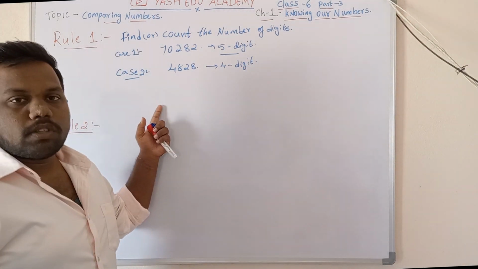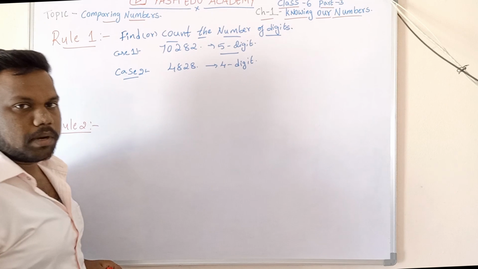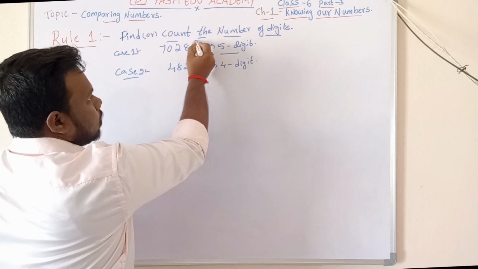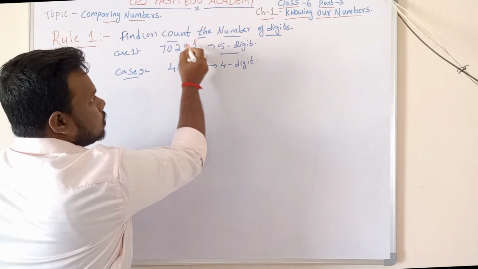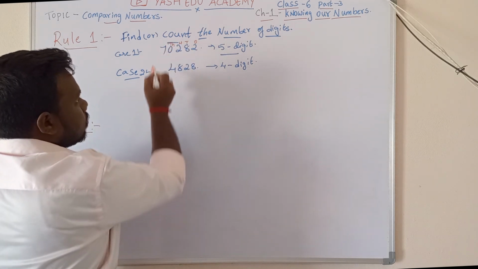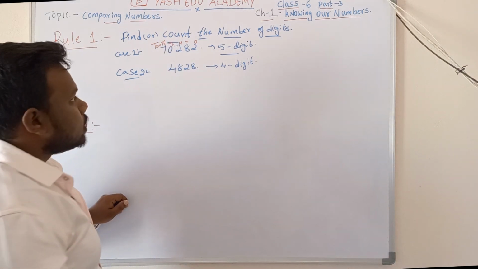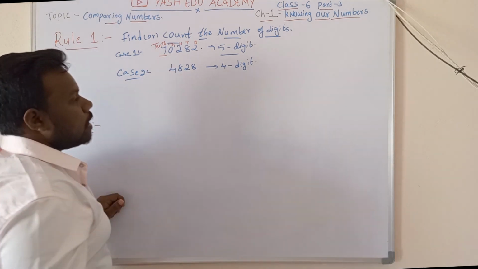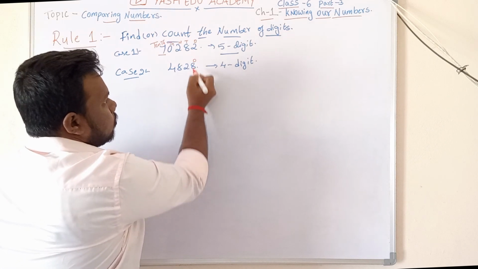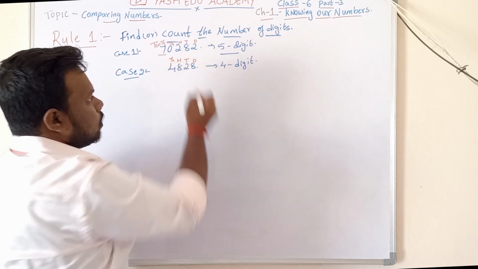According to rule 1, we should count the number of digits in a given number. Let us write the place values of each number: ones, tens, hundreds, thousands, and 10,000s. In the 5-digit number, the highest digit 7 is in the 10,000s place. For the 4-digit number I am writing the place values ones, tens, hundreds and thousands.